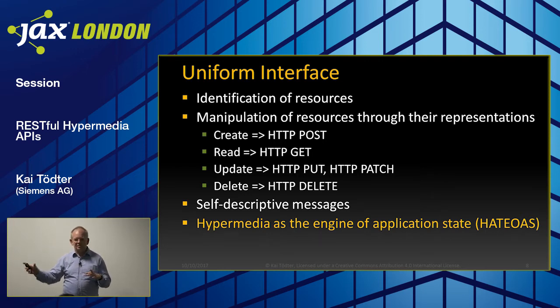What we know is the representation that we can deal with. For instance, I can say, well, I only deal with JSON data, so please, I would only accept application/json. Then if the service can produce JSON data, it would give me back JSON, and I would use this JSON for further manipulation of the data.